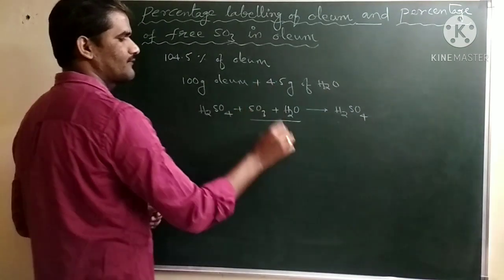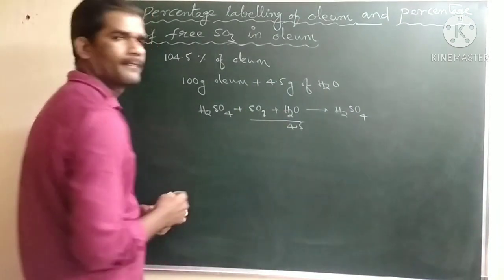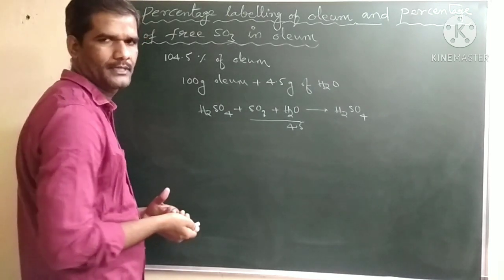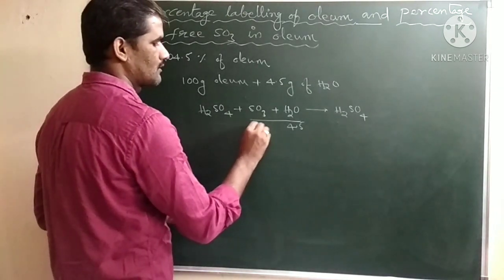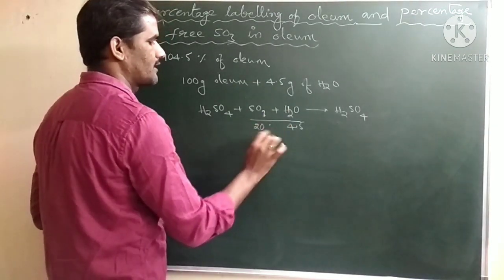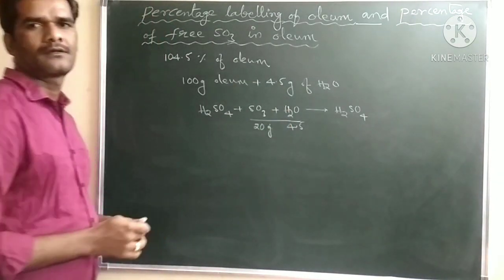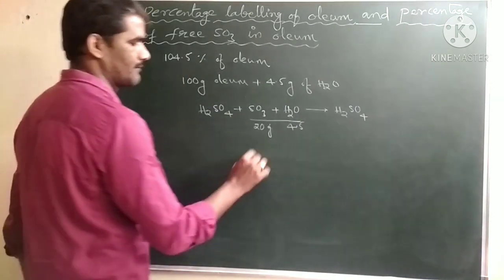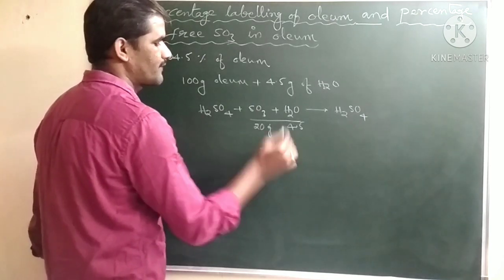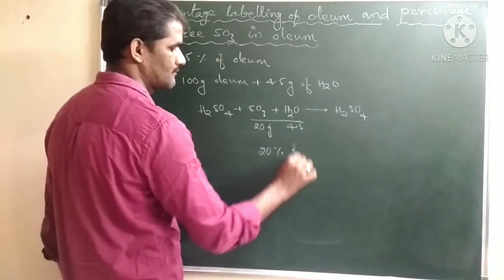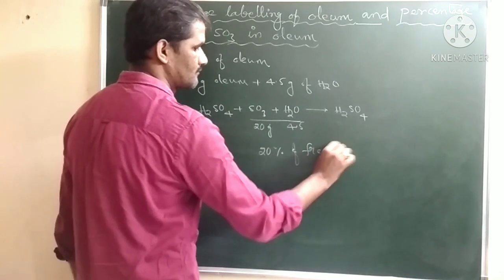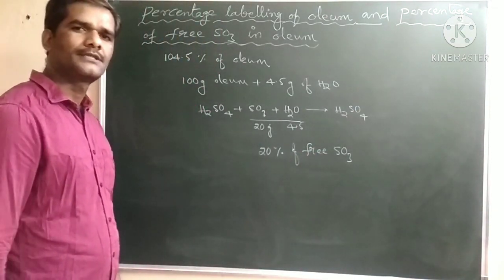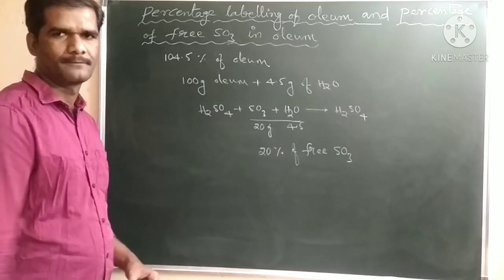How much water is given? 4.5 grams. The 4.5 grams of water will react with how much SO3 according to stoichiometric calculations? 20 grams. Now, out of 100 grams, 20 grams of SO3 is there. So now the percentage labeling is 20% free SO3. So like this we can label the percentage of free SO3 in the oleum sample.